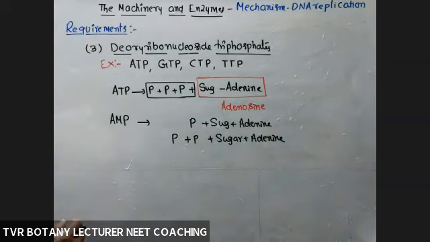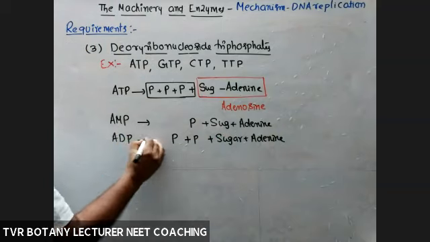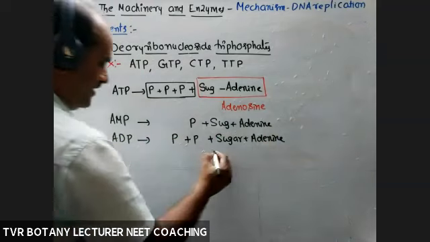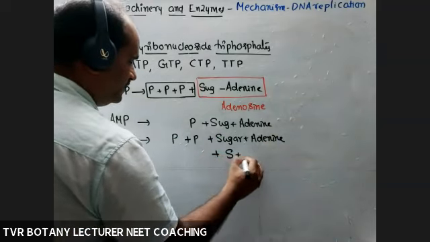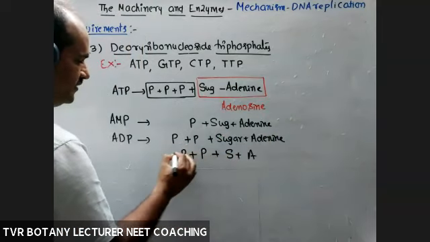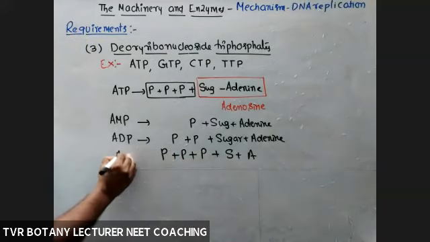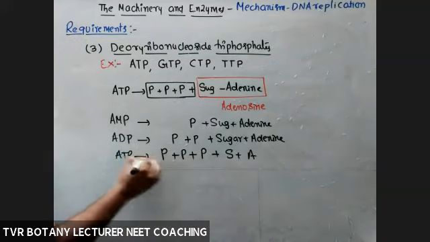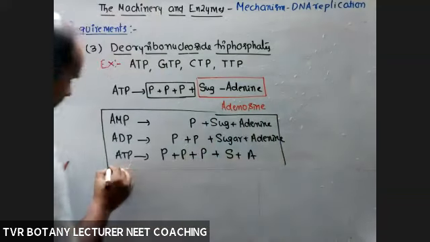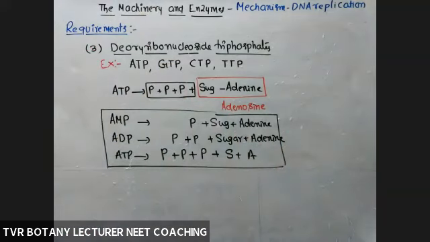How many phosphates? 2. ADP, adenosine diphosphate. Next, sugar, adenine, phosphate 1, phosphate 2, and 3 phosphates. Now the molecule is ATP. So like this, prepare the rest of the nucleoside triphosphates.